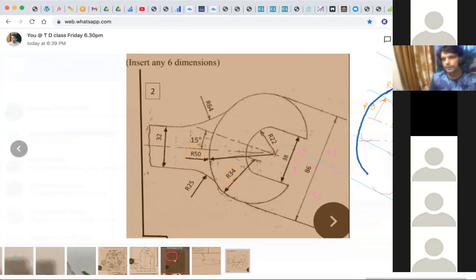Okay, this is radius 50. Got it? This is radius 50. So this we can draw.